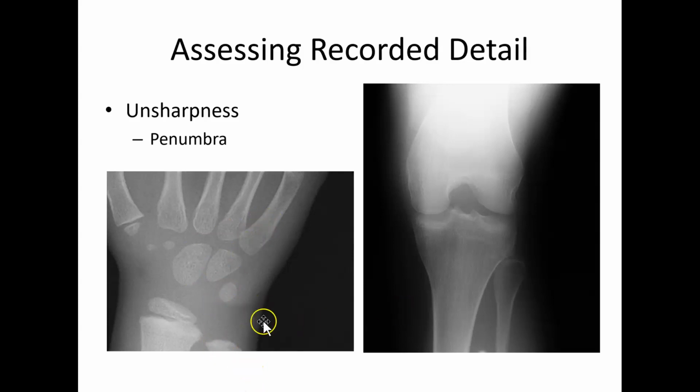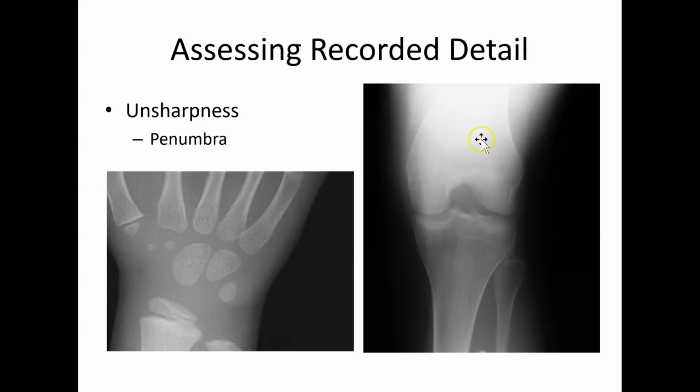Now, these two images have differing recorded detail. The one here on your left is a nice X-ray of a young person's wrist, and we're seeing good trabecular pattern here. And so this has good sharpness of detail. This knee, however, we're seeing some good trabecular pattern down here, but not so much up here.